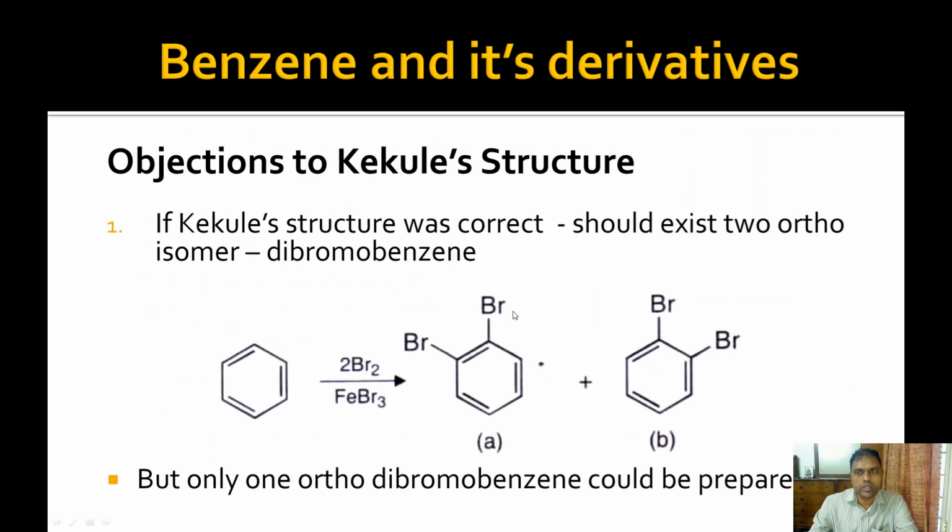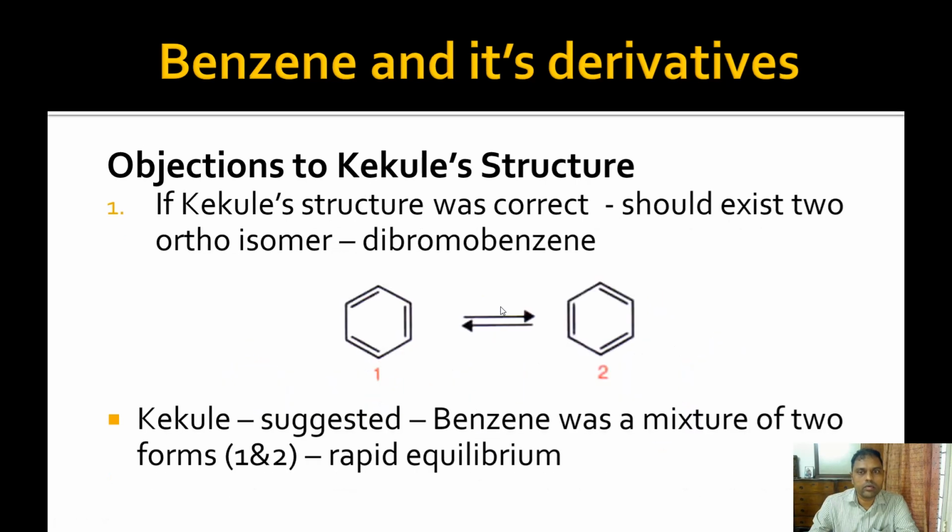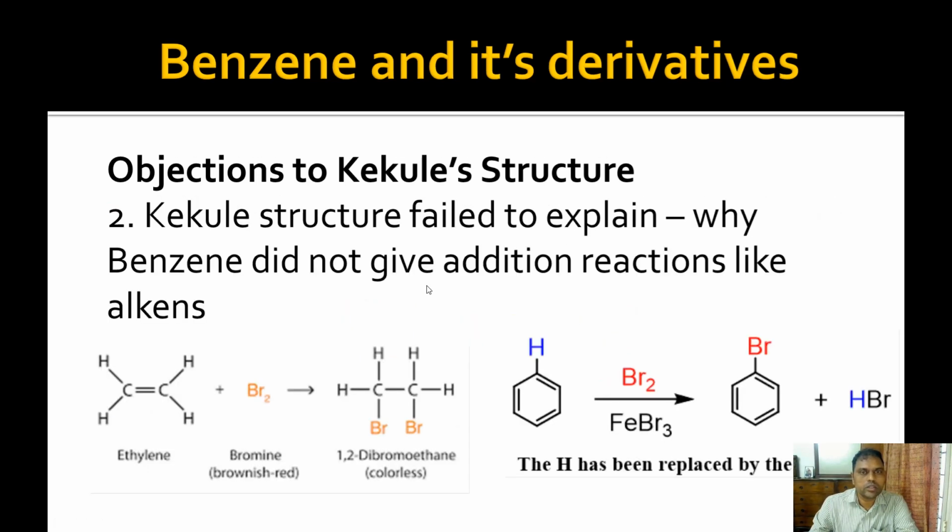There were 2 objections. For the first objection, Kekule answered. For the second objection, Kekule didn't answer, but in the current position, we already know the answer to the second one.